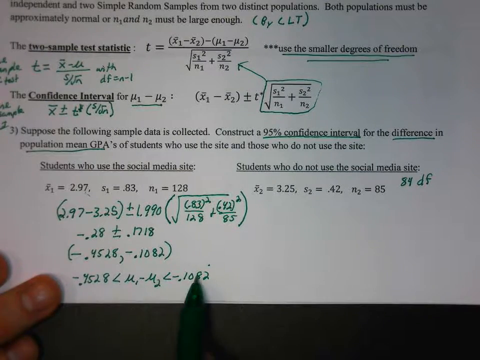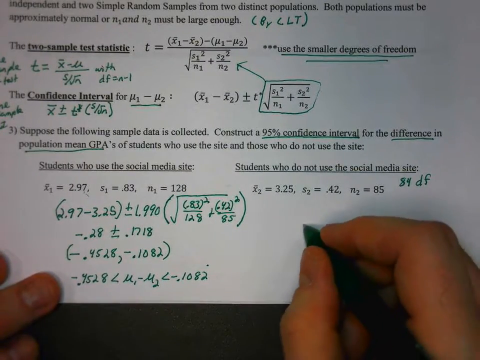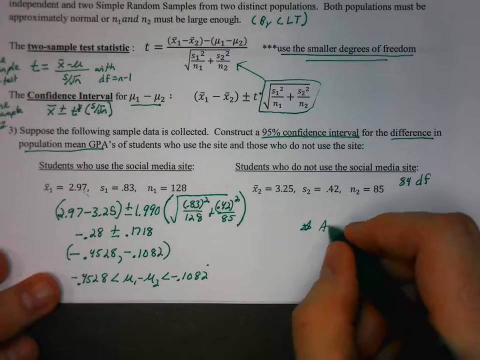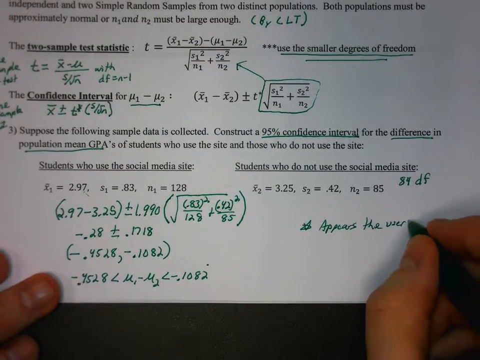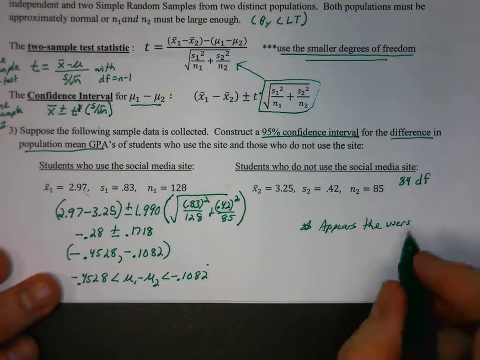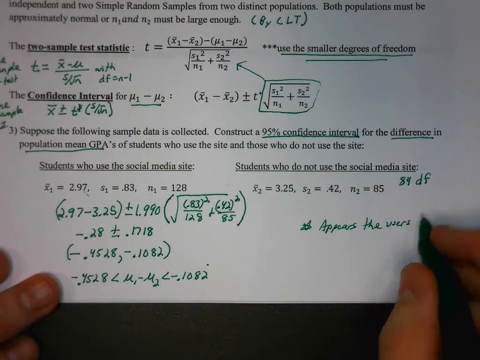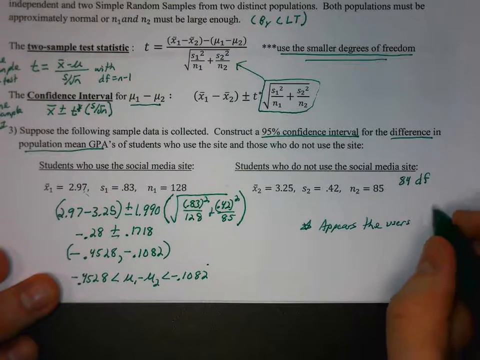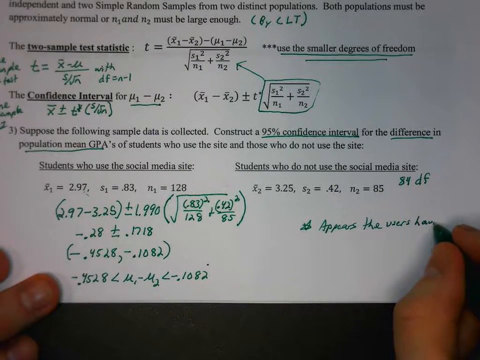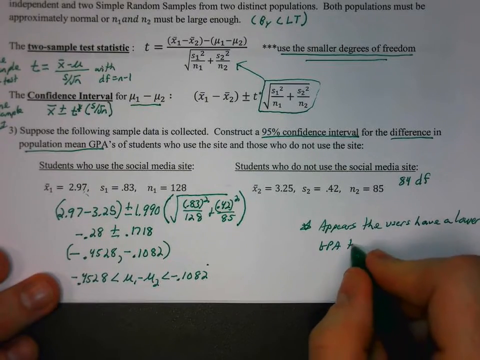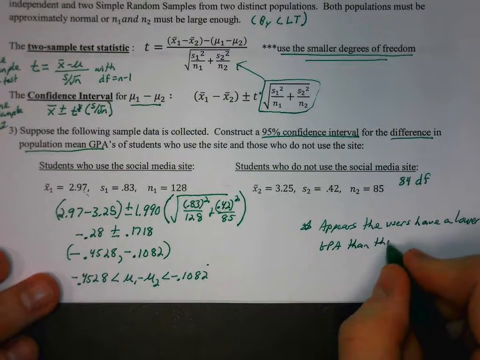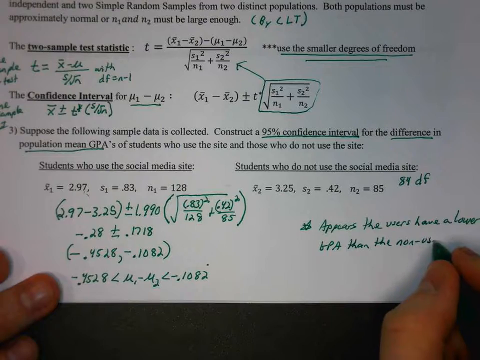But the fact that they're both negative, what that tells us, it appears the users, and I'm going to shorten up the wording on this, the users of the social media site have a lower GPA than the non-users.